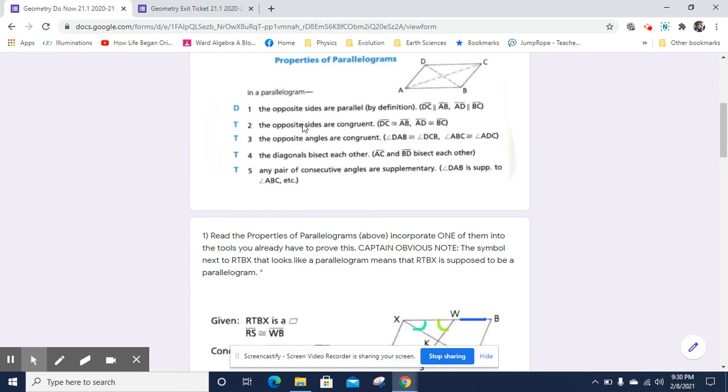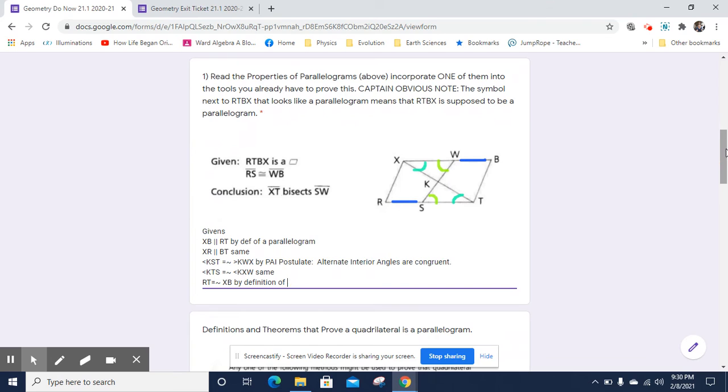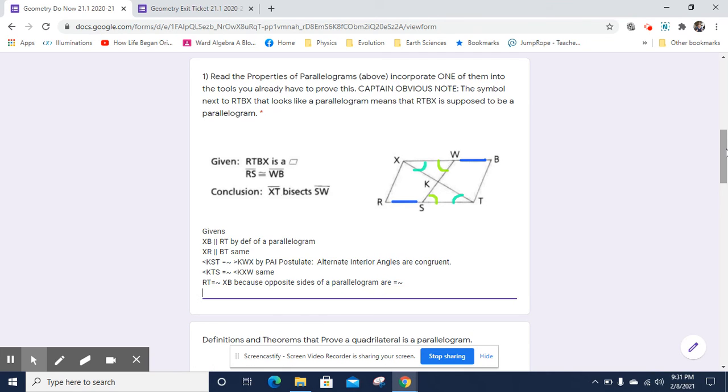So opposite sides of a parallelogram are congruent. So that's actually not a definition, it's a theorem. So we're going to say because opposite sides of a parallelogram are congruent.